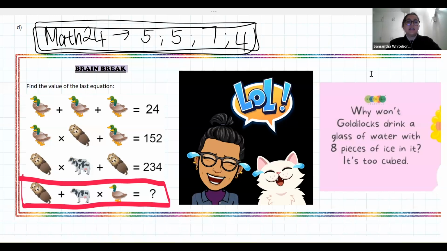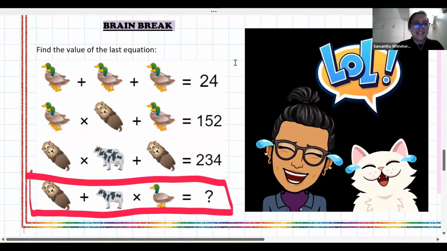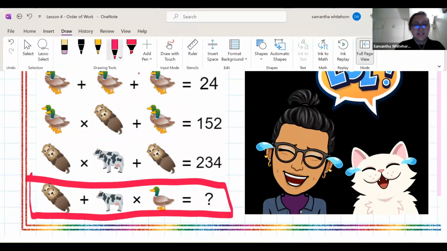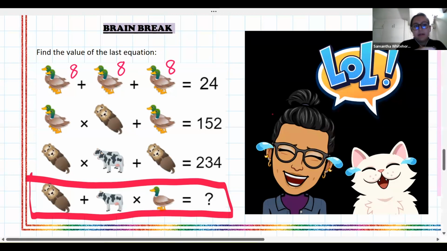Amazing, cool, tell us. Hi, ma'am. So, ma'am, the tax are 8. Good. Because it's 2, it is 4 plus 4. So it comes to 8. And then 8 plus 8 plus 8 equals 24. Good, excellent. And then the next one, it is 8 multiplied by 18 plus 8.